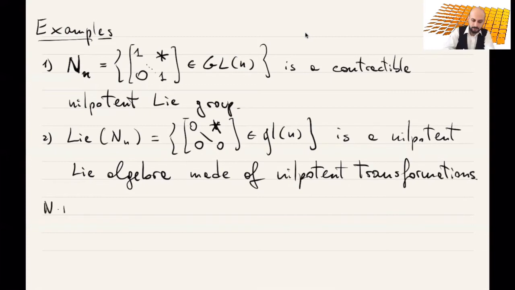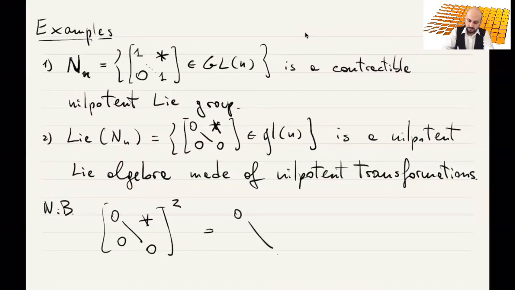And again, the thing that you have to notice is that, now let's make the example of a bigger matrix, if you take the square, what happens is the second diagonal is also going to be 0.